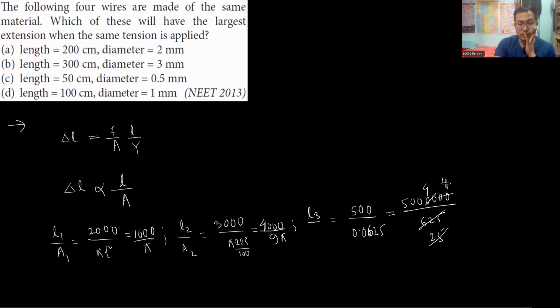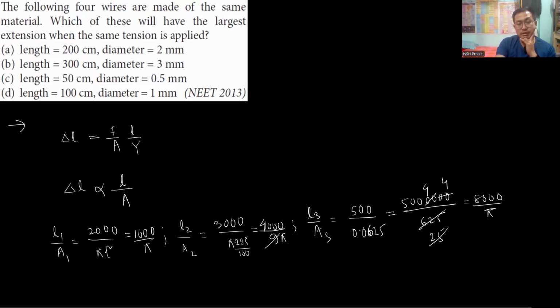So we get 5 4 20, 20 into 4 is 80. This is about 8000, 8000 by pi. This is A3.